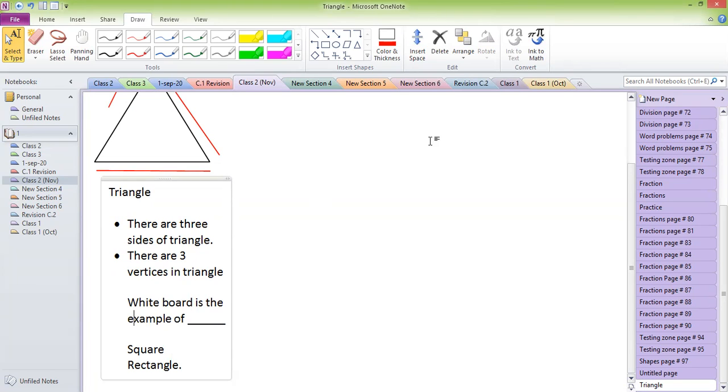Yes, guys, whiteboard is the example of dash, square or rectangle. Rectangle. Oh, very good. Whiteboard is the example of rectangle because their opposite sides are equal.